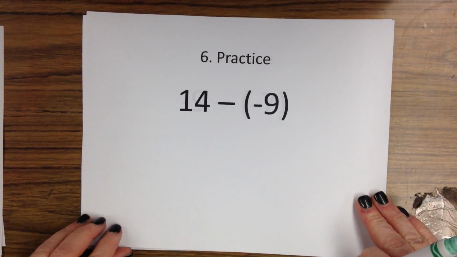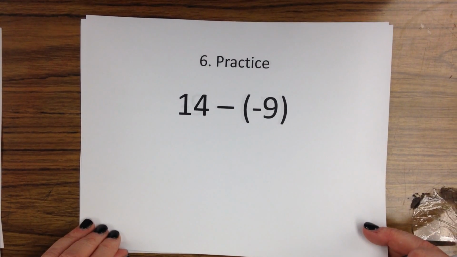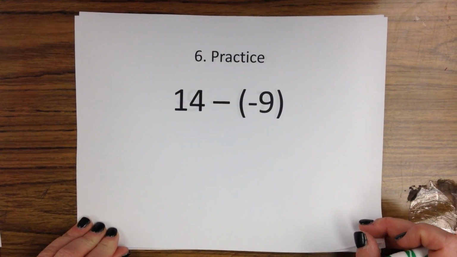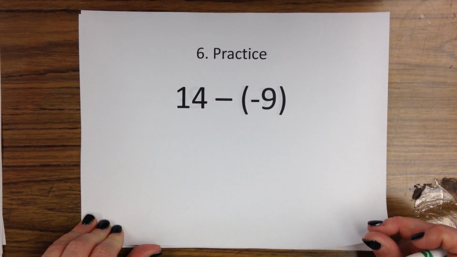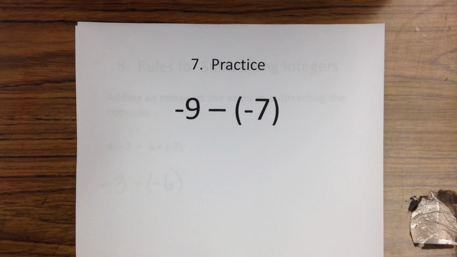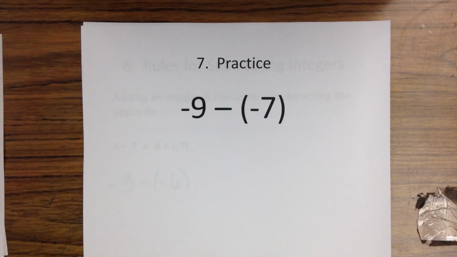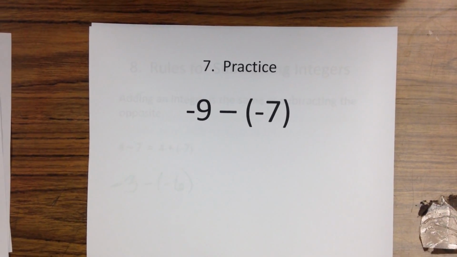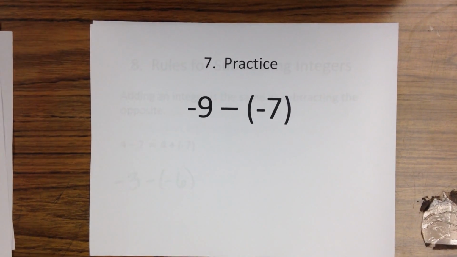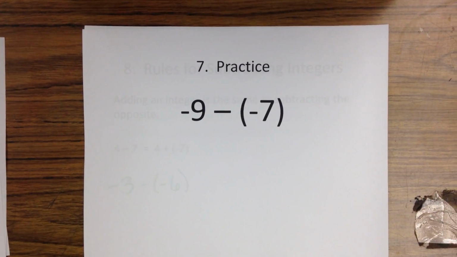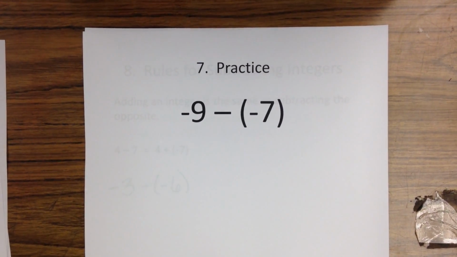Okay, the second one is 14 minus -9. Write it as an addition problem and solve it. The last one is -9 minus -7. What is the difference between -9 and -7?